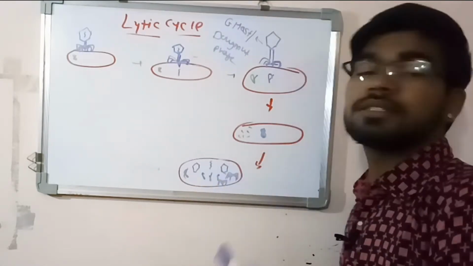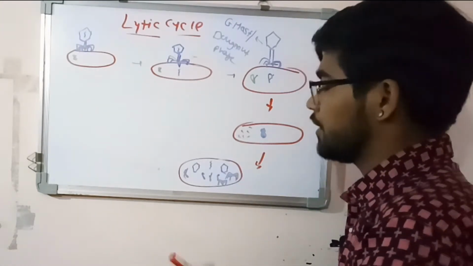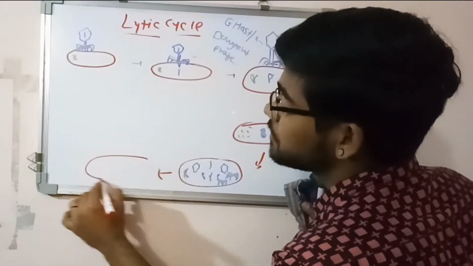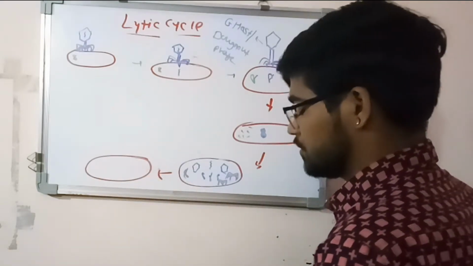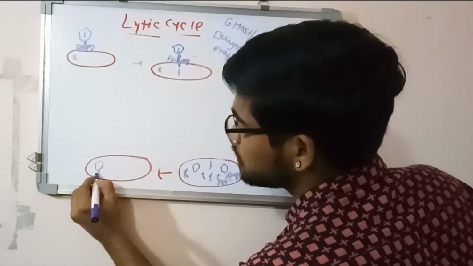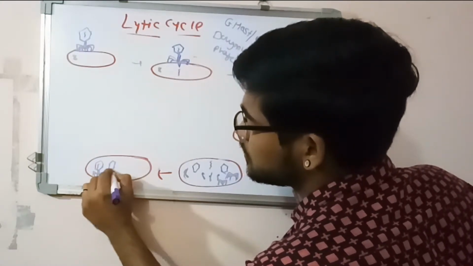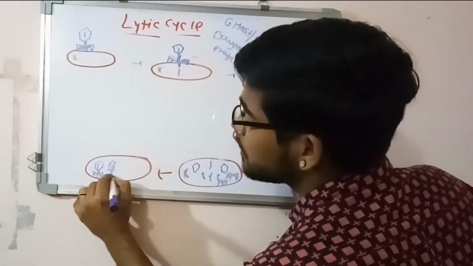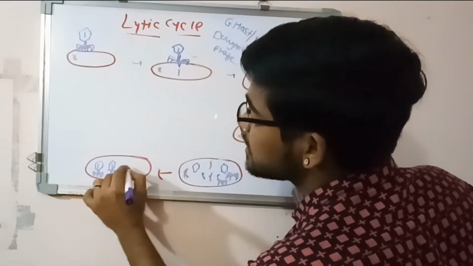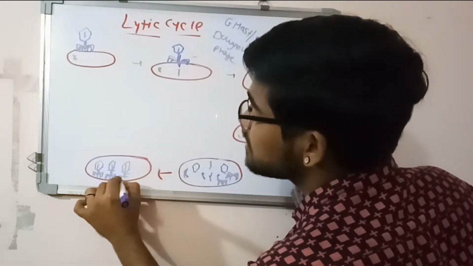So after the synthesis of phage components, what does it do? It assembles them all together. This is the assembly of phage. Approximately 200 phages are assembled per bacterial cell.